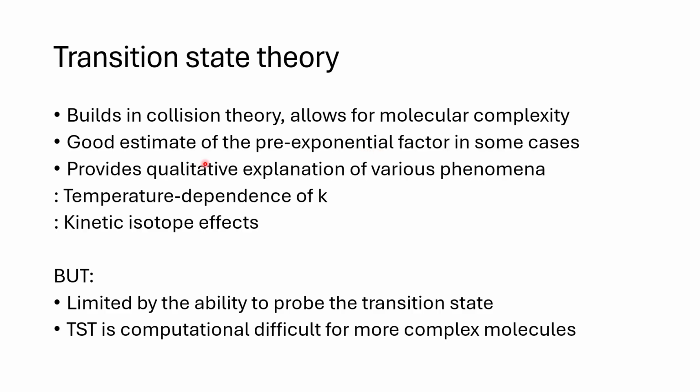Transition state theory provides a good estimate of the pre-exponential factor in some cases. Recall that the empirical Arrhenius equation treats the pre-exponential factor simply as a constant, but transition state theory links this pre-exponential factor to fundamental statistical mechanical properties such as the partition function.